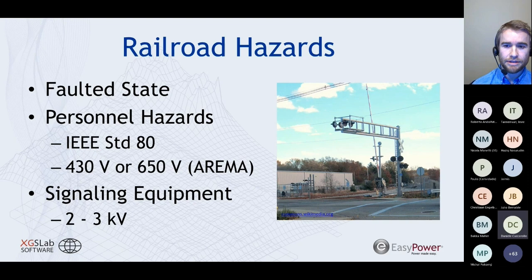We also have signaling equipment limits, so they have their own surge protective devices, and they may not be able to withstand the energy or the current and duration that a fault would carry or conduct onto the rails and onto that signaling equipment. So those are the concerns that we may have associated with railroad hazards, for instance.